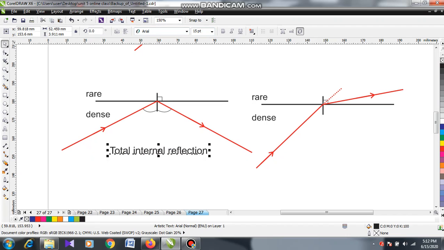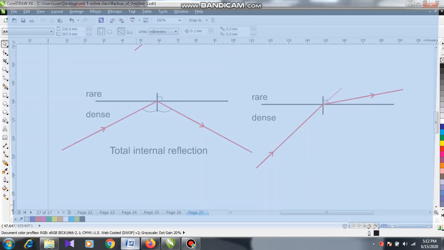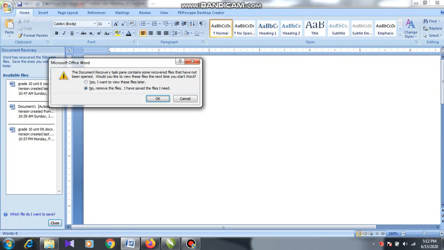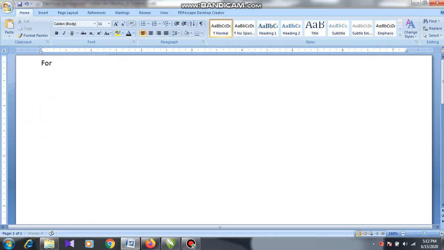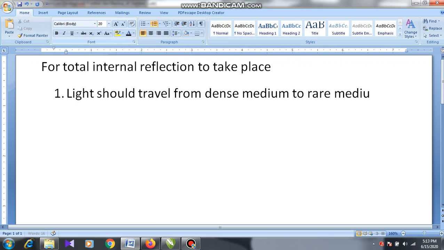For total internal reflection to take place, one condition that should be fulfilled is light should travel from dense medium to rare medium.